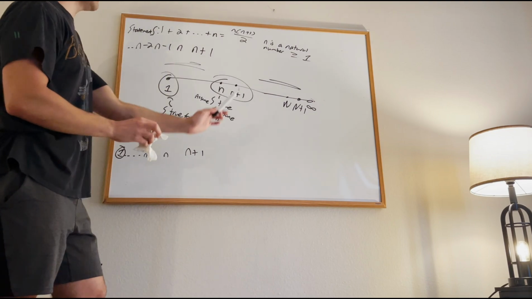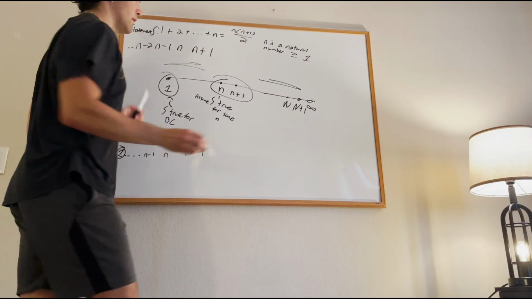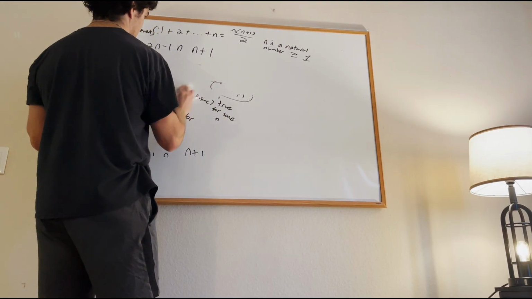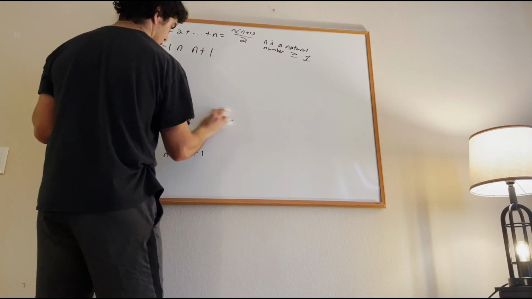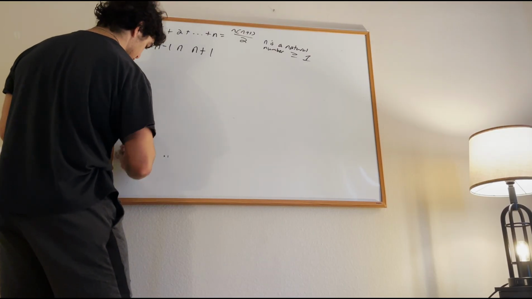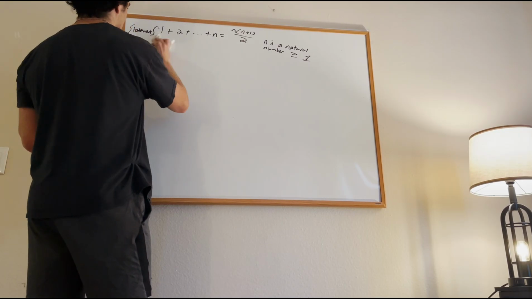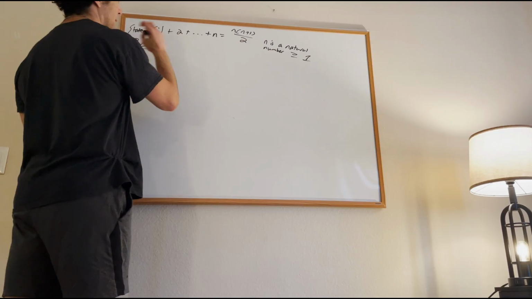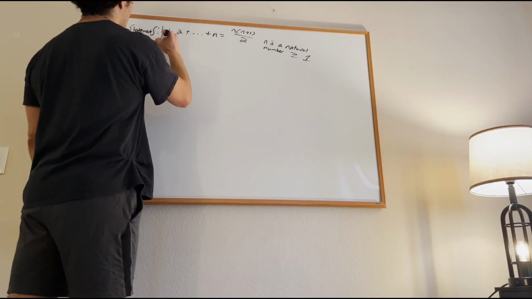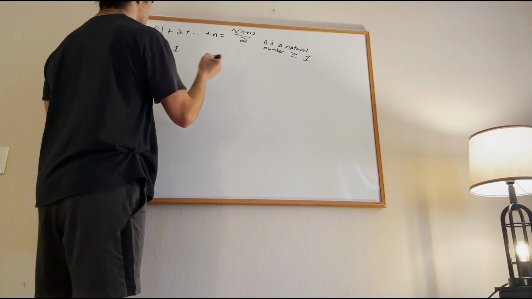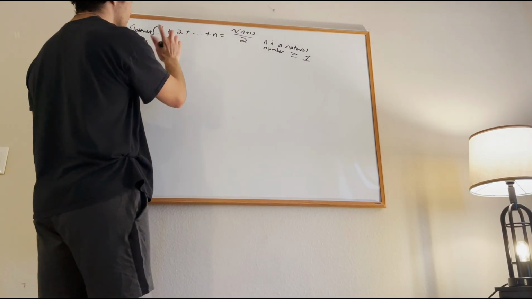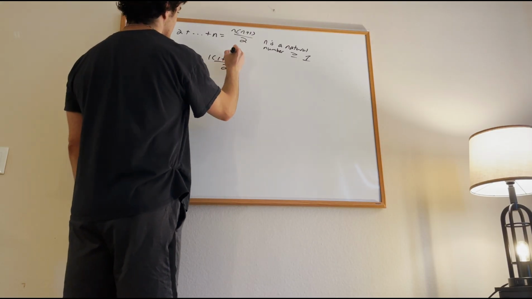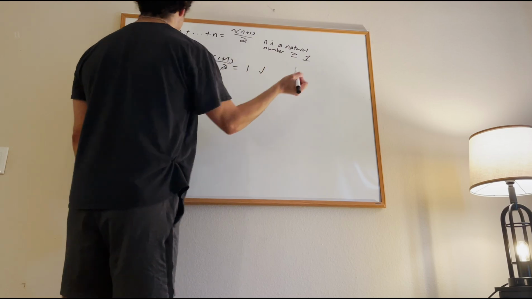Okay, so let's see how we can apply this to the statement up here. Here our base case is going to be n equals 1. So now we just verify this, right? We just plug it in. We have 1 equals 1 times 2 over 2, right? So our base case is true.